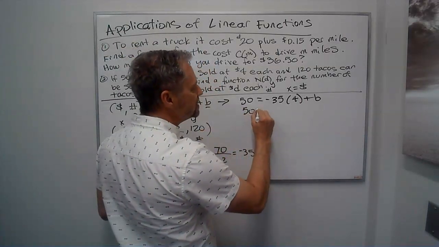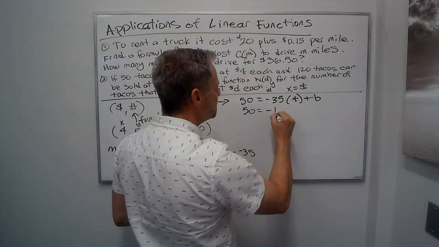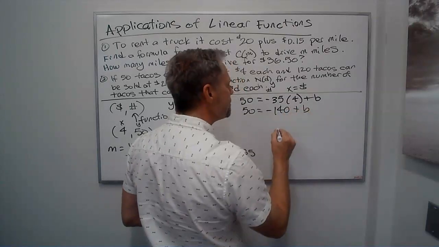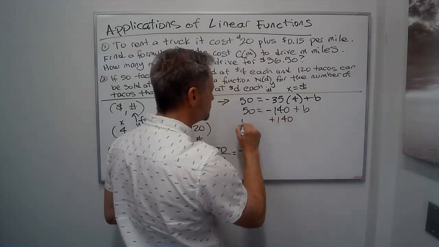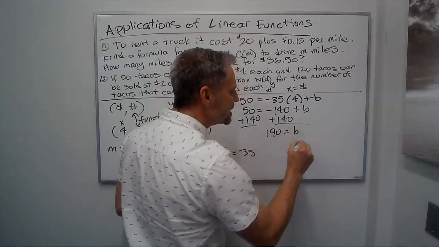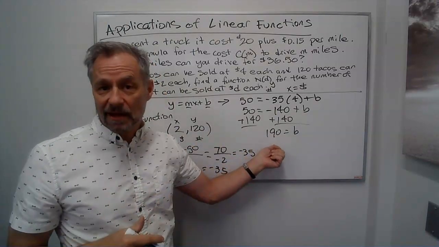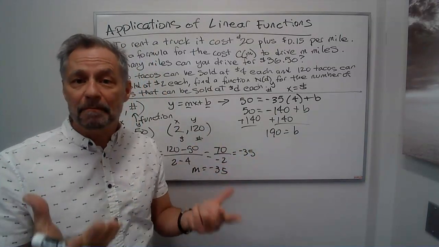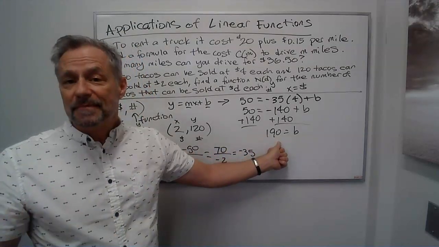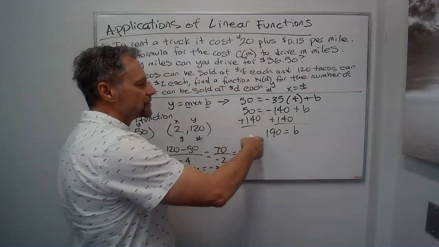I get 50 equals negative 140 plus b. Add 140 to both sides, and I get 190 equals b, which essentially means if I'm not charging anything, I should be able to sell 190 tacos if they were free. So my x value in that case would be $0, and y would be 190.